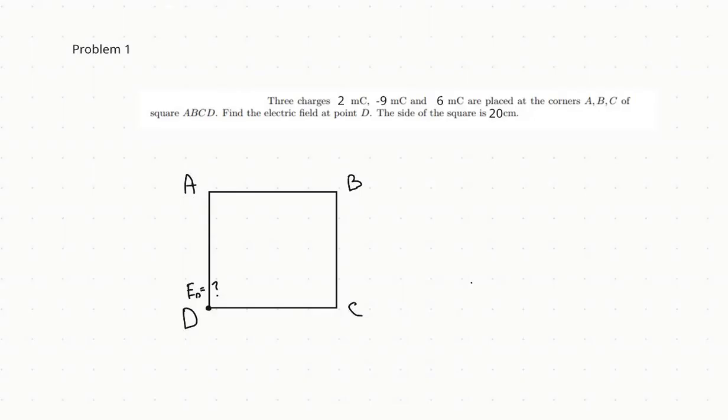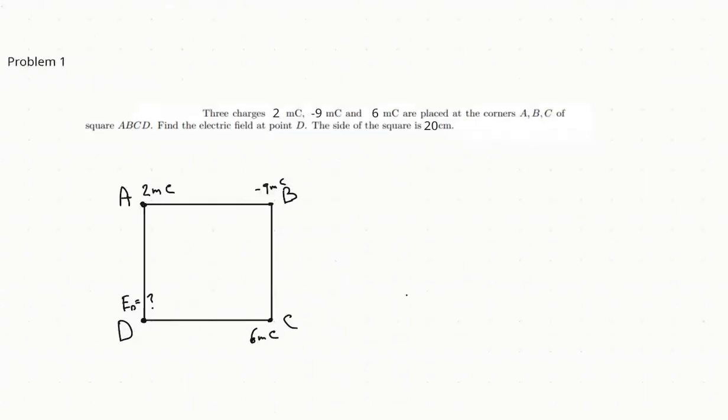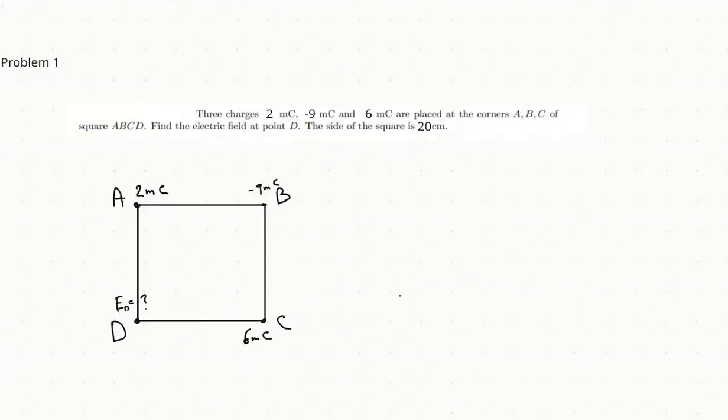And we have a charge at A, which is 2 millicoulombs. At B, that's -9 millicoulombs. And at C is 6 millicoulombs. And okay. So first that we need to know is the principle of superposition.